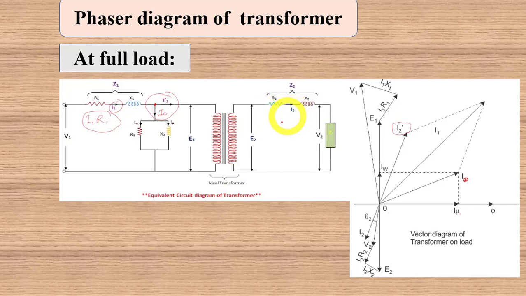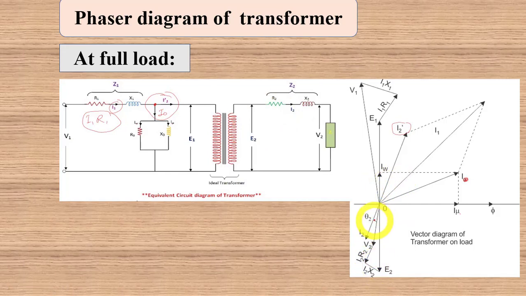The I2R2 drop is in the direction of I2, and after that the current passes through the reactive element, where the drop across it is perpendicular to I2R2. So the sum of V2, the I2X2 drop and the I2R2 drop is equal to E2, and this is represented here.